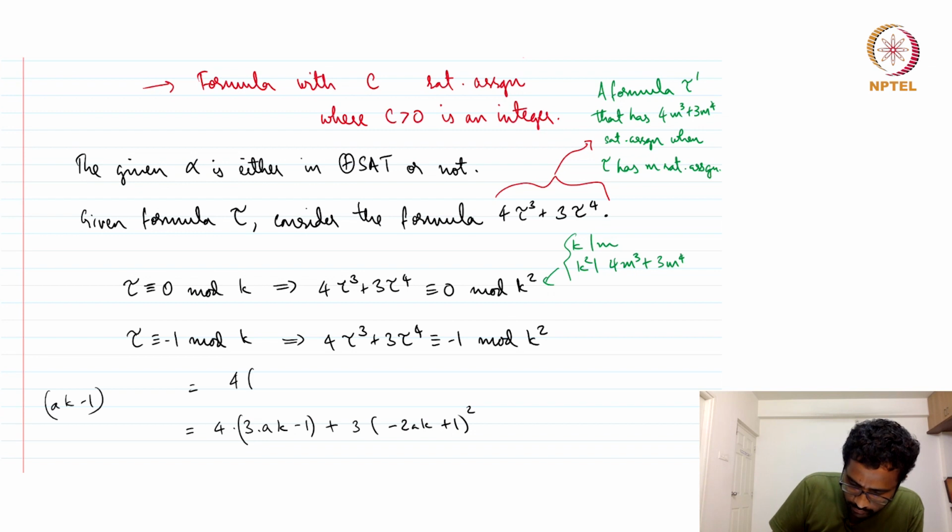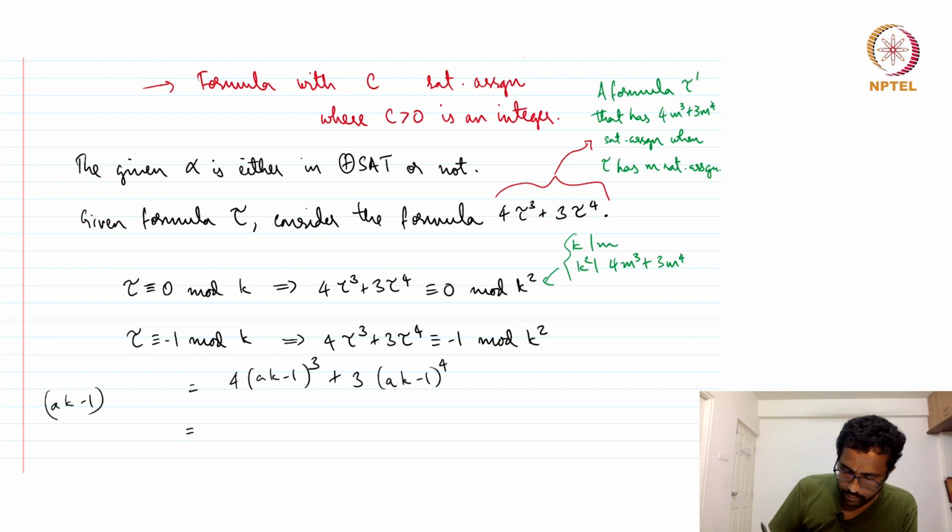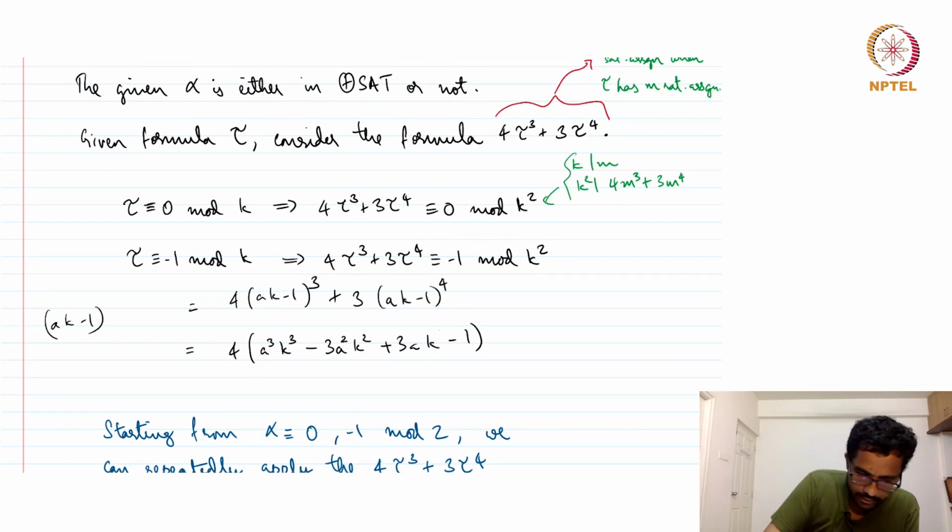So 4 times (ak minus 1) cubed plus 3 times (ak minus 1) to the power 4. Let's see what each of these is. If you expand the cube, you will get a cube k cube minus 3 a square k square plus 3 ak minus 1. That's for the first term.